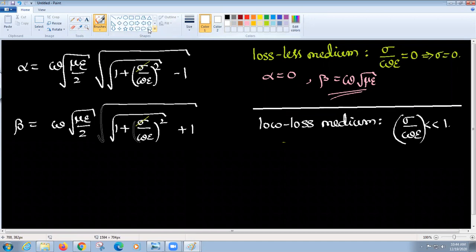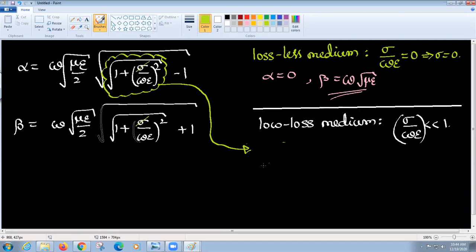So this is 1 plus sigma by omega epsilon whole square, power 1 by 2.